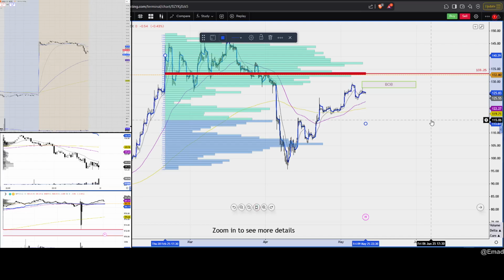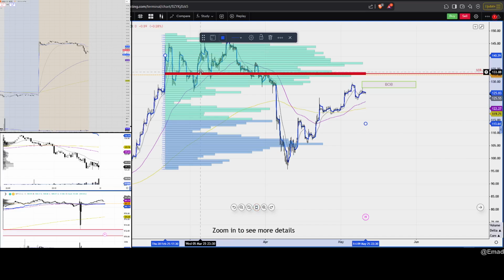Is it a mean reverting kind of trade or is it a momentum based trade? I don't see it being momentum based. It has very tight areas where it will and should move. Yeah, let's go with 135 being the area of resistance.